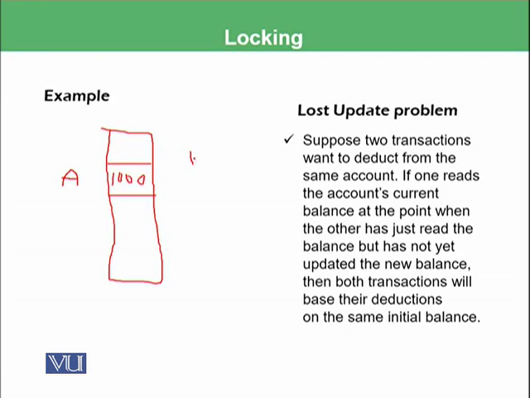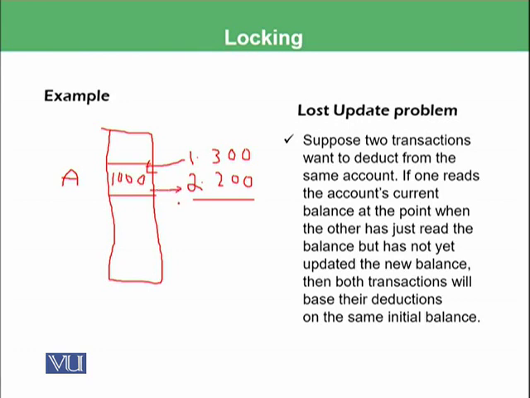One transaction wants to subtract 300 from this account, and the second transaction wants to deduct 200 from the same account. Suppose the first transaction reads this 1000, and transaction 2 should not be allowed until transaction 1 deducts 300 from this 1000, making it 700, and then that 700 should be read by transaction 2.